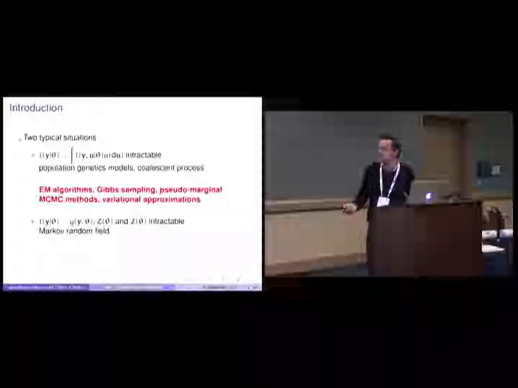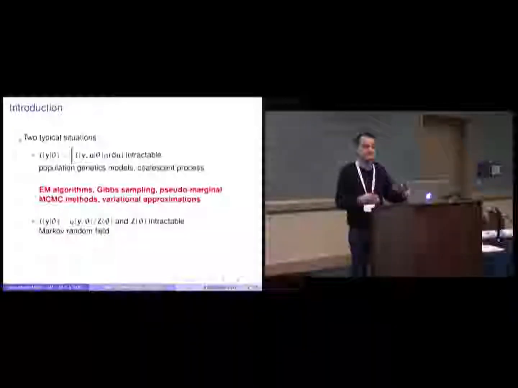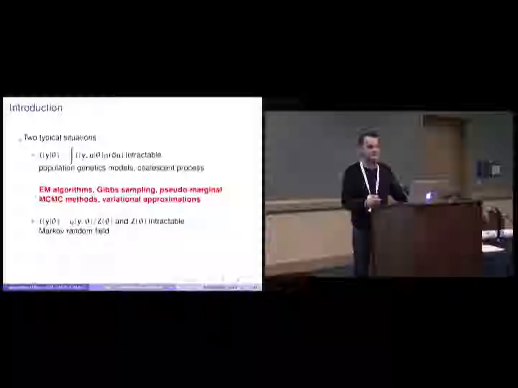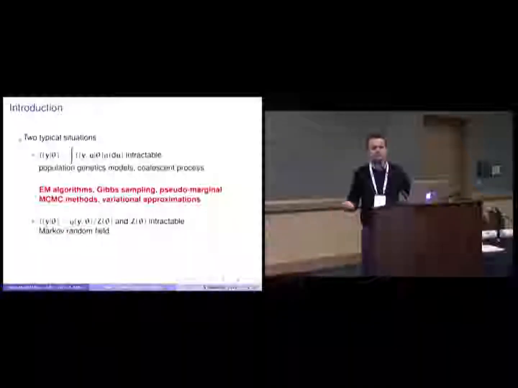The other situation is when the normalizing constant of the likelihood itself is intractable. So there is no latent variable in this case, but the normalizing constant of the likelihood is intractable. This is typically the case for Markov random fields, for instance.